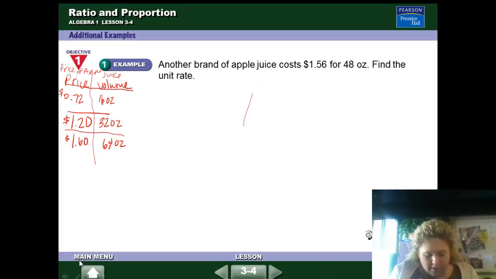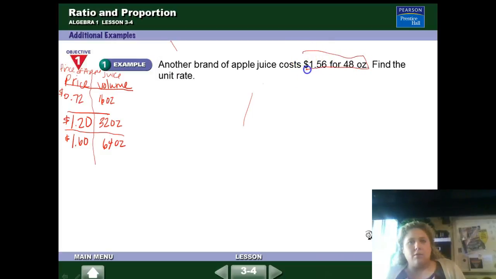In addition to what's already on the screen, the table here that you can see as I highlight gives the prices for different sizes of apple juice. And then also I'm going to add in this price here. I'm trying to figure out what the unit rate will be for this one in the table.